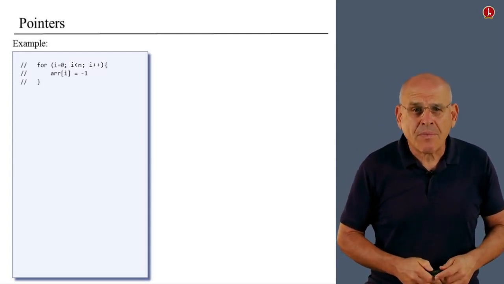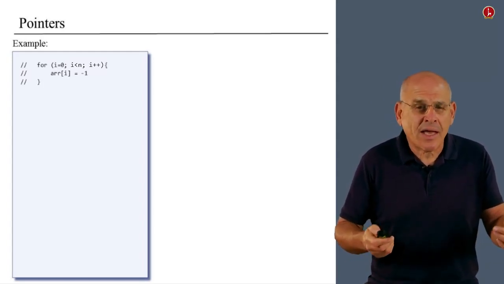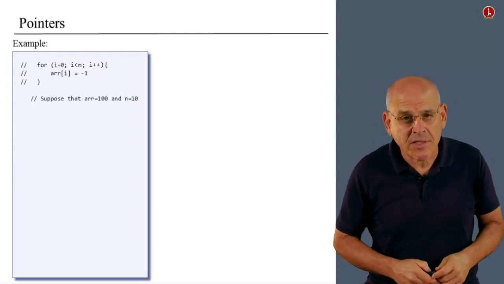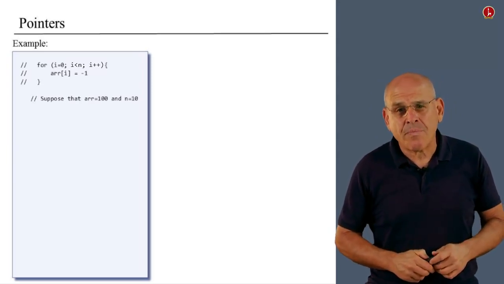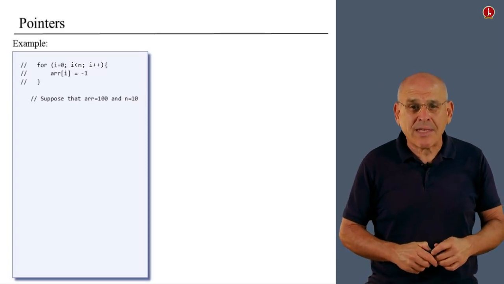So if we assume that the array starts in address 100 and that we want to do something to the first 10 entries of this array, this is how it's going to look in the data memory on which this program will end up executing.